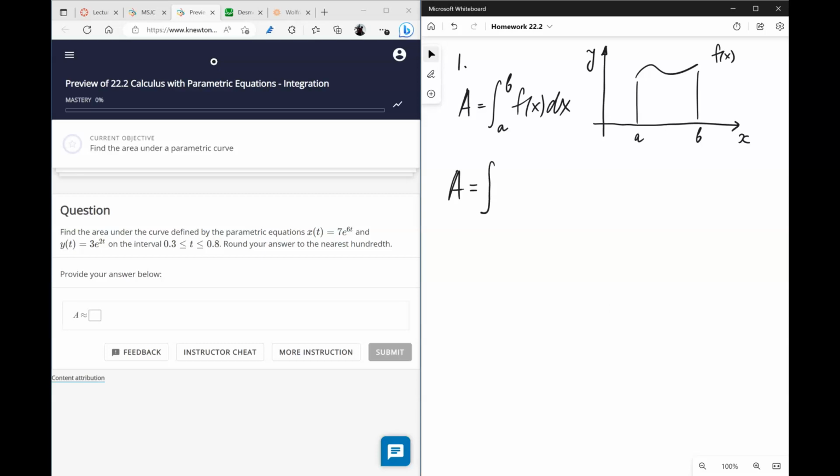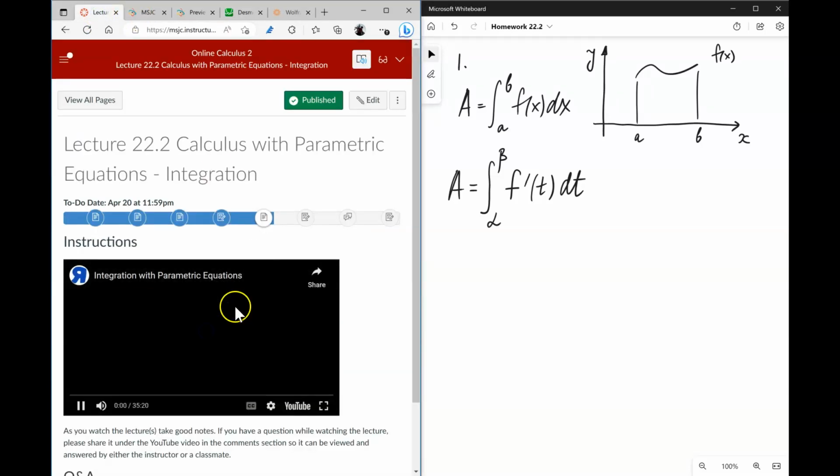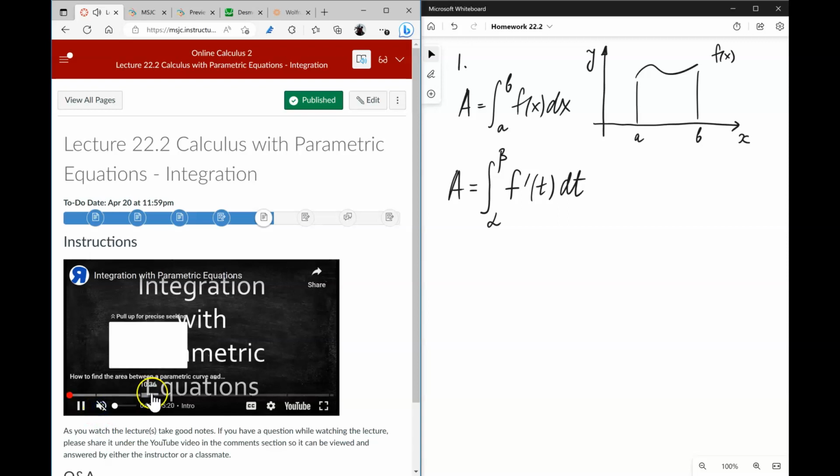That is, we're going to be integrating from some values of alpha and beta, which are determined by the domain of t. And what we're integrating here is the f prime of t dt. And to see where this formula comes from, you would probably want to watch the lecture.